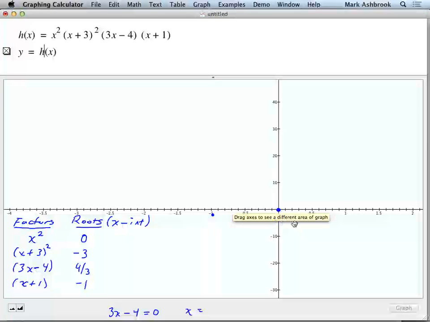Okay. We've got one at -3. And 4/3, which is 1 1/3. Something like that. And then -1. Okay, so you see how right away these factors are helping us determine what's going on in the middle of the graph.